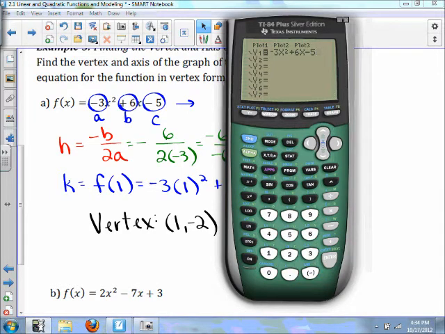Now you should know that this graph will open down. It's a parabola that opens down. So graph it here. And if we look for our vertex, (1, negative 2), that is the highest point on our parabola. So that would be our vertex. Again, once we talk about example 6 in class, I will talk about how to put things into vertex form straight from the graph.